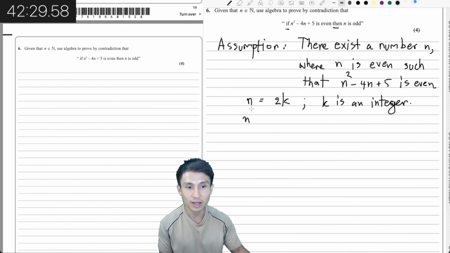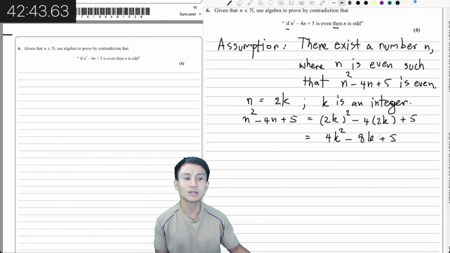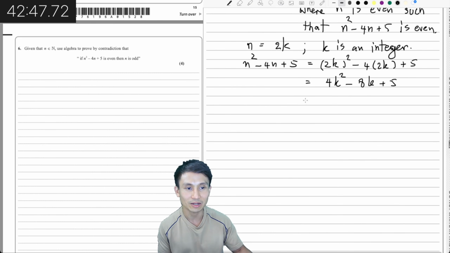So n squared minus 4n plus 5 is going to be equal to (2k) squared minus 4(2k) plus 5. So that's 4k squared minus 8k plus 5. Now, in order to make this clear whether it's even or odd, we've got to factor out 2 somehow. So how about I factor like that? I get 2 times (2k squared minus 4k plus 2) with a plus 1 outside.